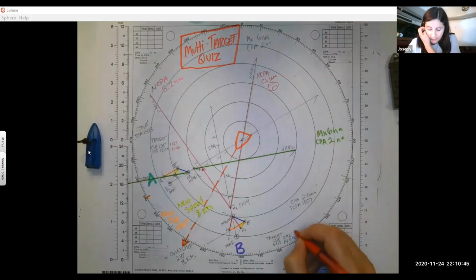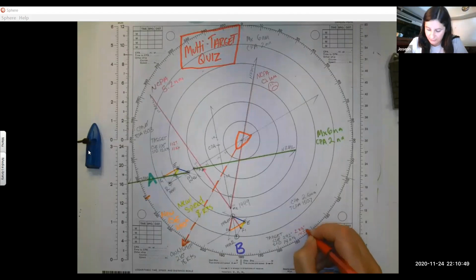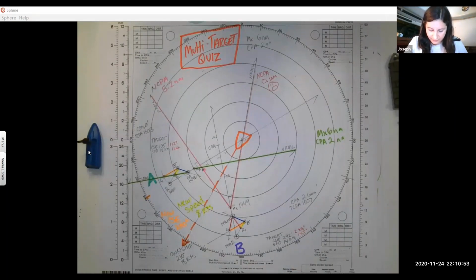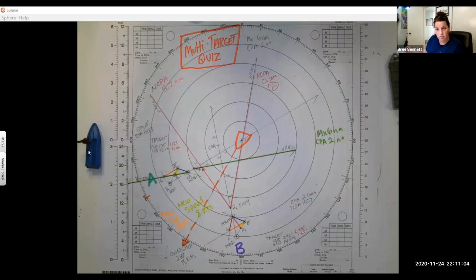Yeah, the first one I got was 113, and I was going 11 knots. Then I had contact B's true course was 288, and their true speed was 15 knots. That's good. Which contact's most dangerous?